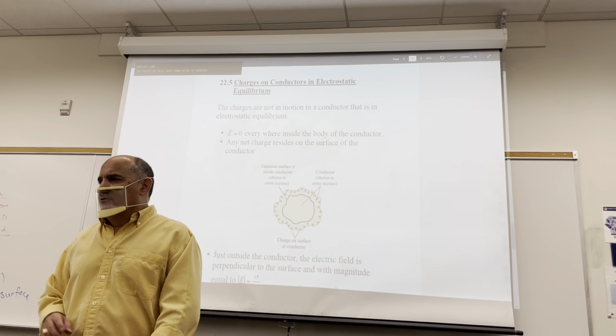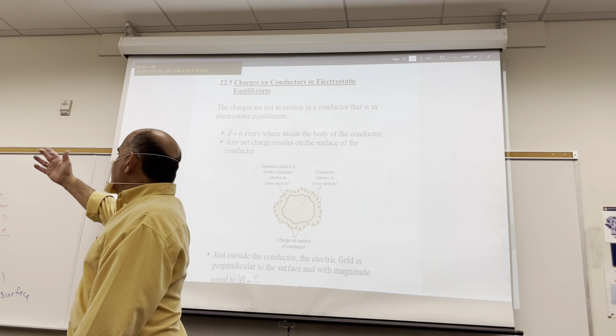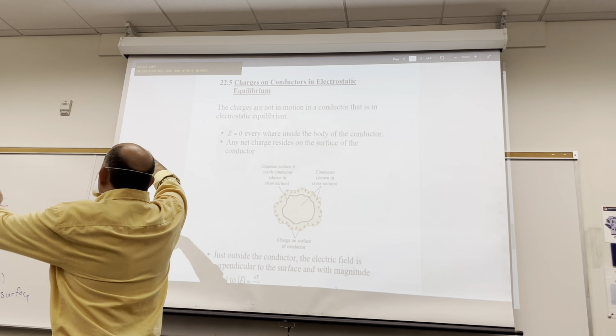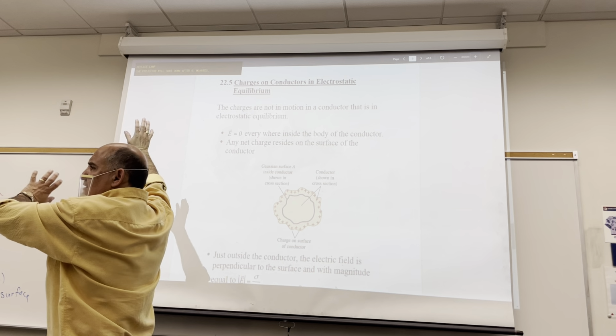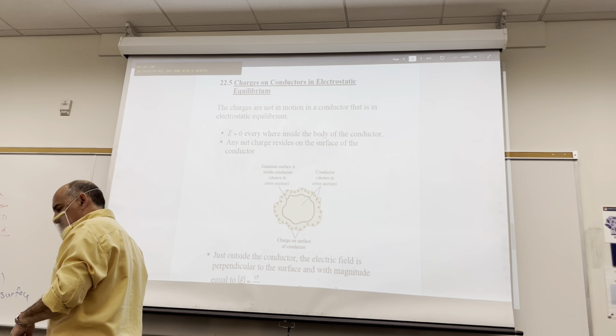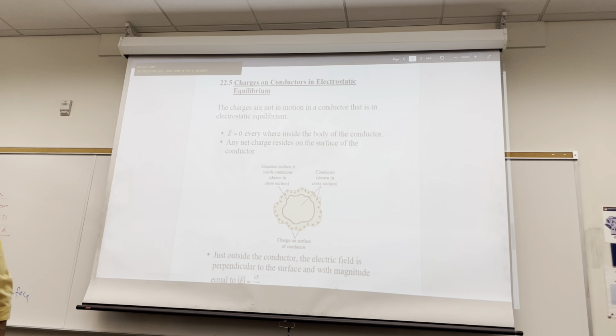Or an infinitely large sheet. It's charged, the charge is plastered on it, and it's not going anywhere. If that's the case, the electric field inside the body of the conductor is going to be zero.